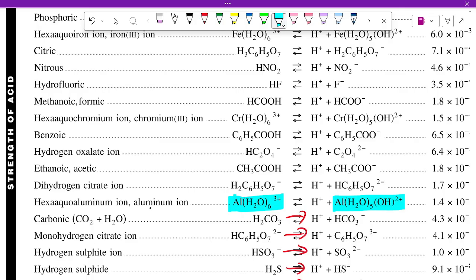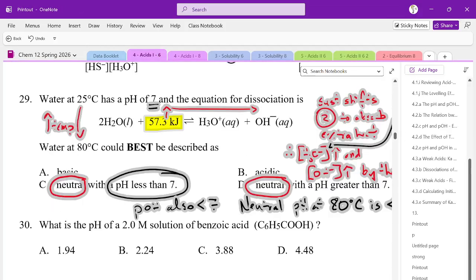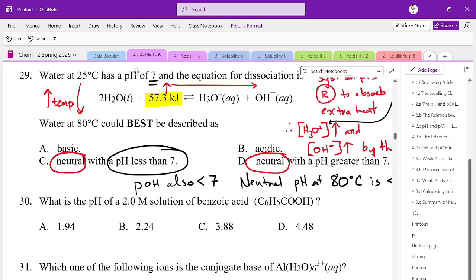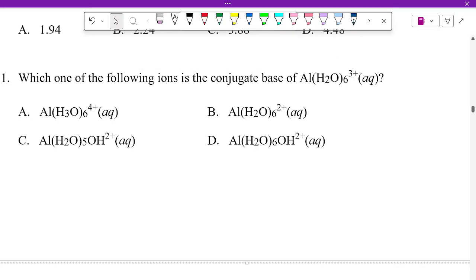We will learn about that particular structure and how it works in Unit 5, but for this unit, all you need to be able to do is look up its conjugate base. If you're wondering how we got that, you have 6 waters attached.